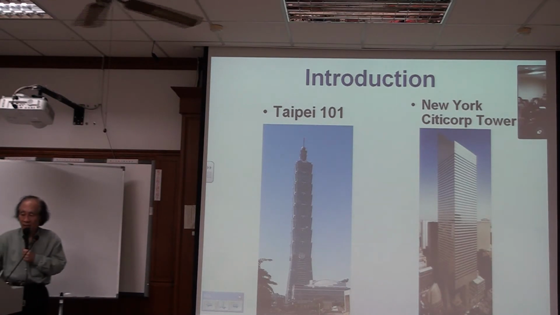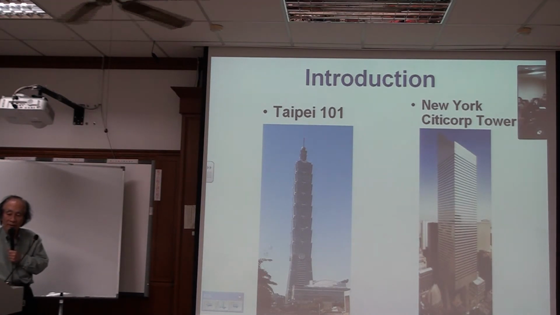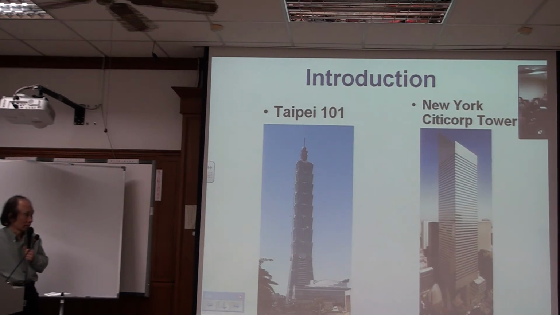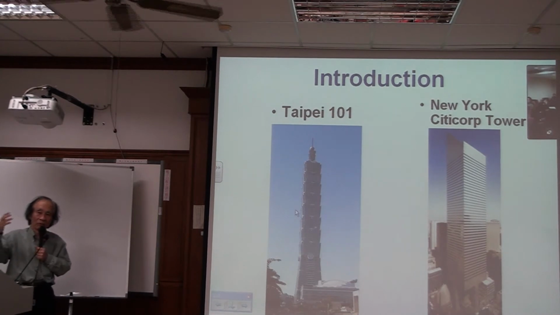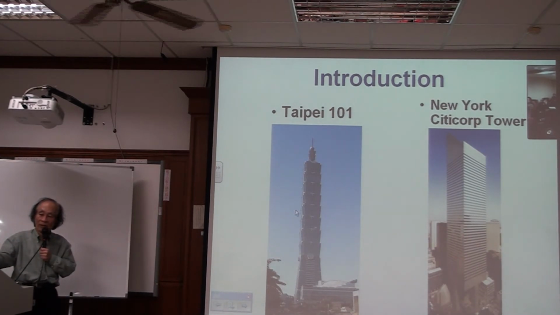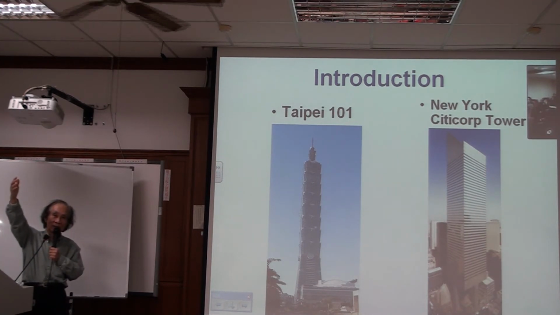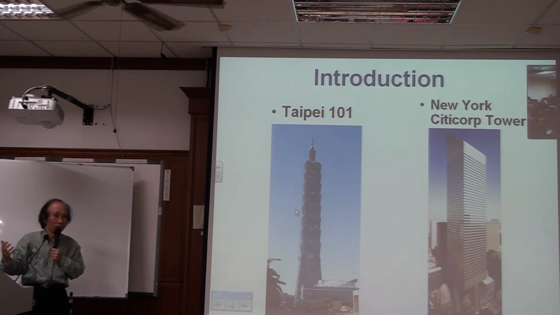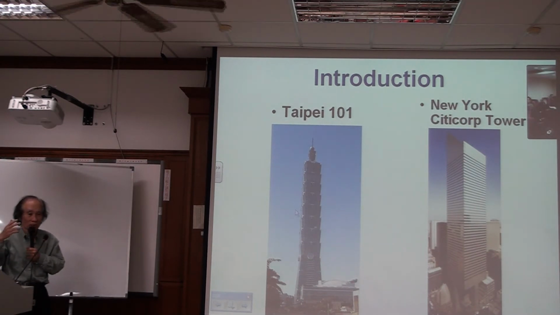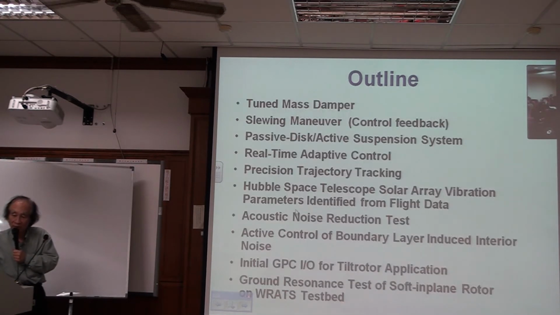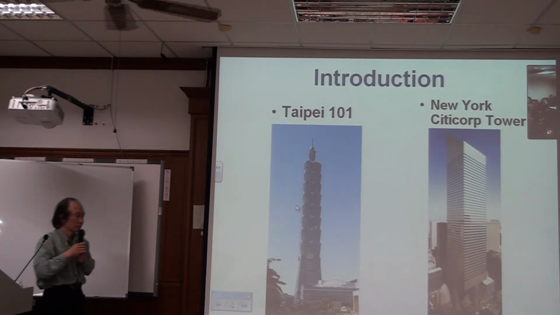I will show you two different designs of how you stabilize when an earthquake comes in. And 101 is so tall, so high. If you happen to be on the top of 101 and an earthquake comes in, what should you do? That's a good question, right? I don't have an answer for you, but I will show you.